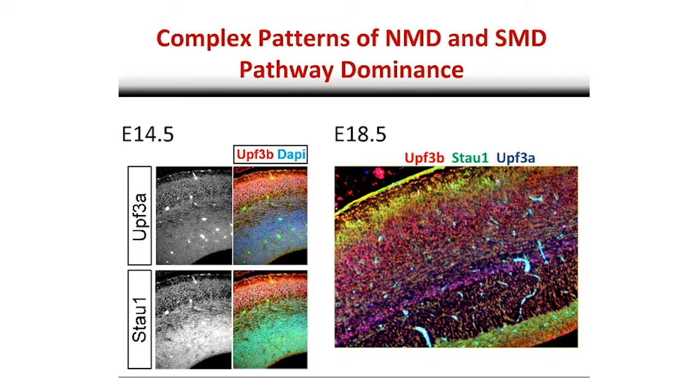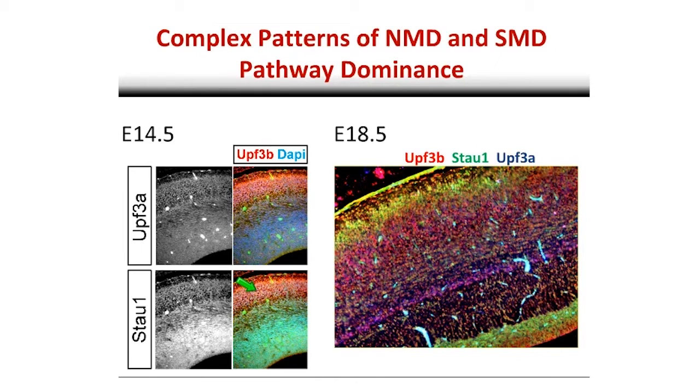For example, this is developing forebrain at E14.5. Where I've got the pointer here is the neural progenitor cells of the developing brain, and you can see they're highly enriched with the Staufen-1 protein, whereas the cells out here, which is where the newborn neurons settle in the developing brain, are really highly enriched for UPF3B.